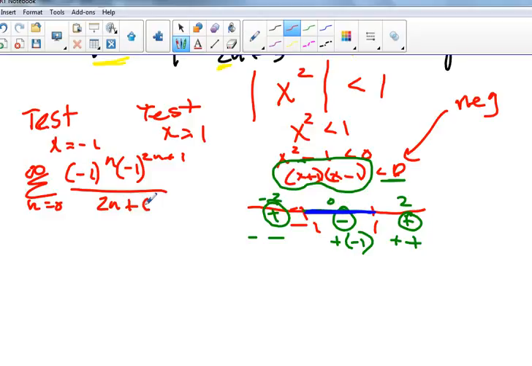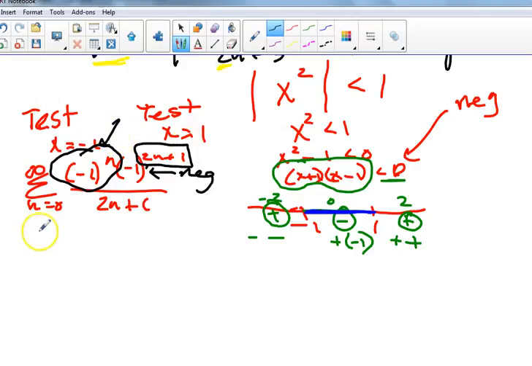And I got to think about what's going on with this. Remember, this thing, the -1 to the n, is going to make it alternate. This is always going to be negative, right? So 2n plus 1 as an exponent for -1 will make it negative, negative, negative, but then this alternates. So this is an alternating series.